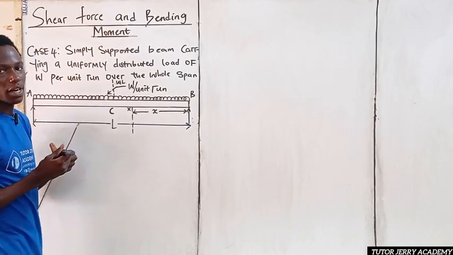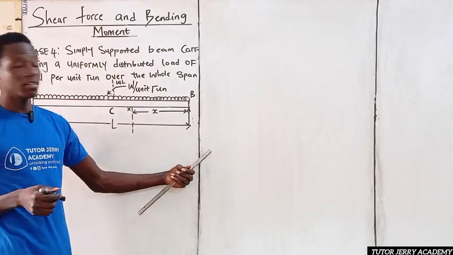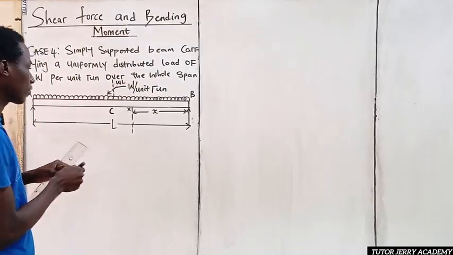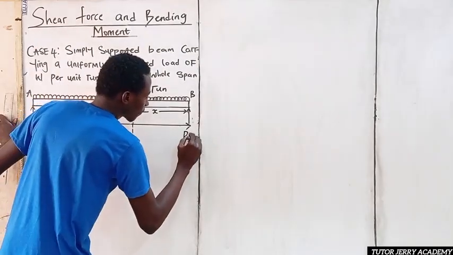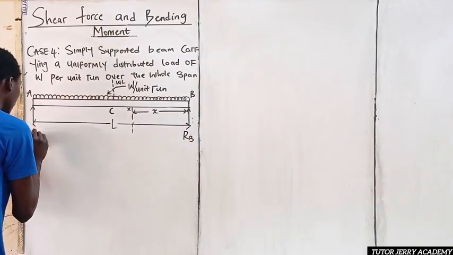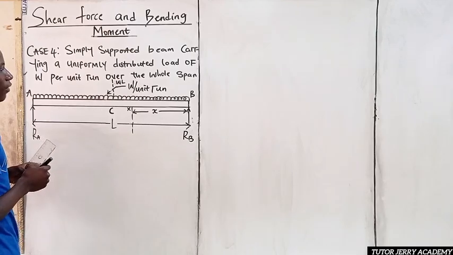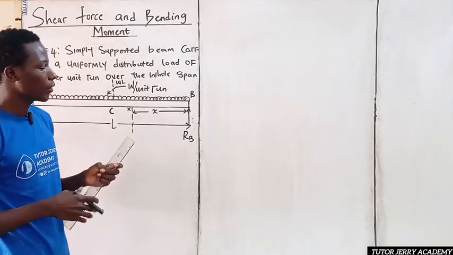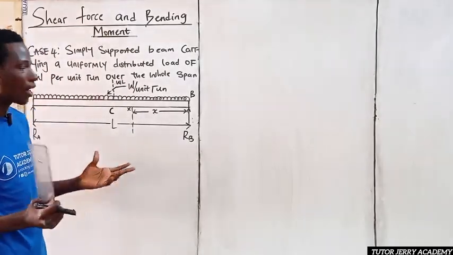So now we are going to be calculating the reaction at B and the reaction at A. So we have RB here and we have RA here. First we know that the sum of upward force is equal to the sum of downward force.